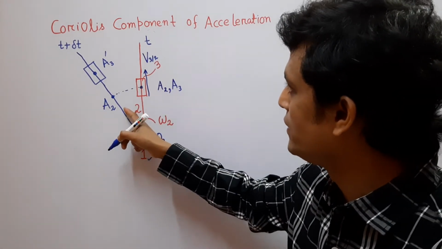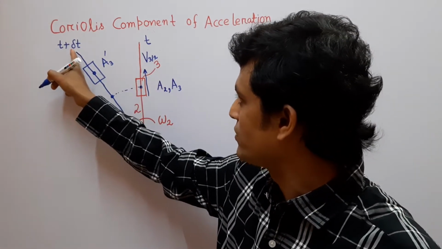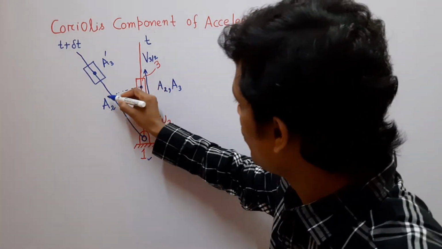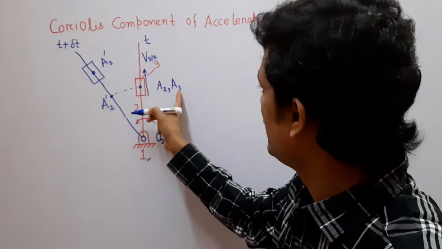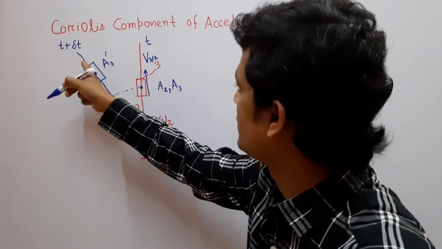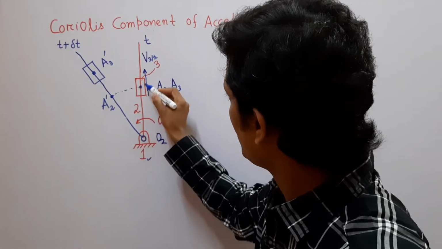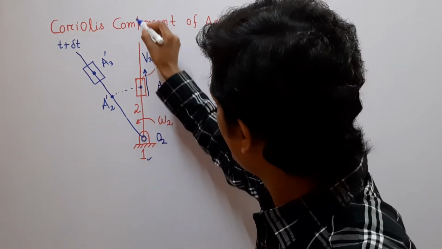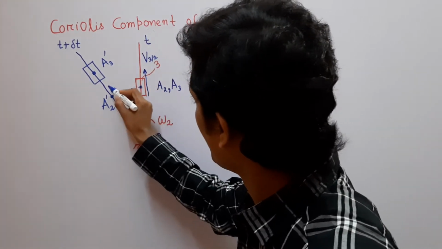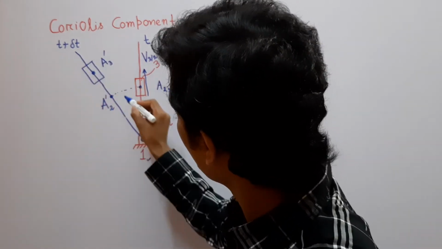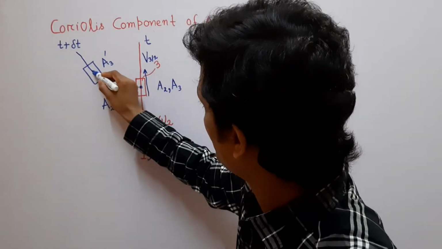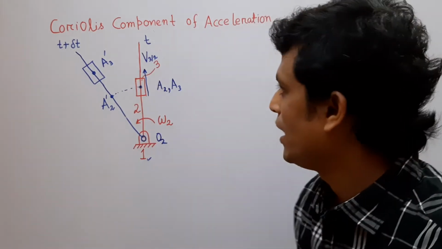As the instant changes by an infinitesimal time instant delta t, A2 comes to A2 prime, whereas A3 comes to A3 prime. As the slider is sliding in the upward direction, after time instant delta t it will move upward and reach A3 prime.